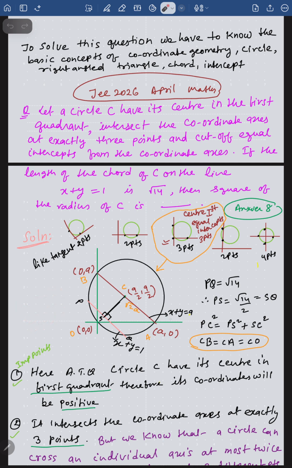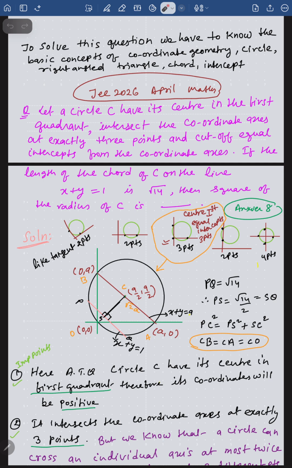In that case also you easily get that this distance is a upon root 2. So there is a point whose distance from 3 points on the circle is the same, meaning it is the center point.